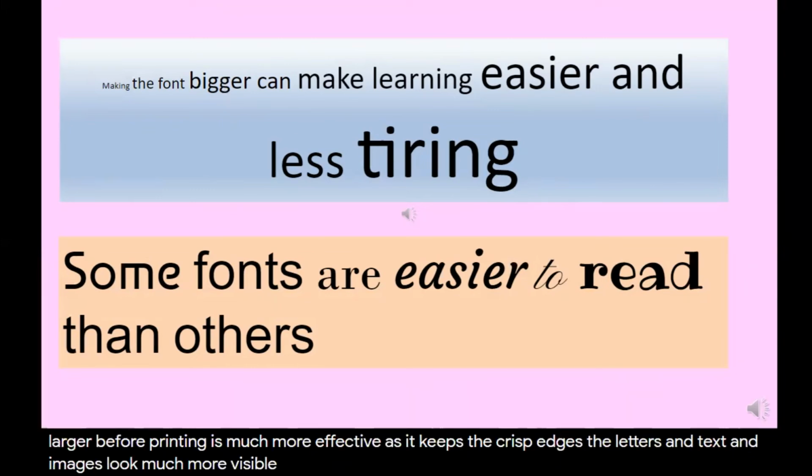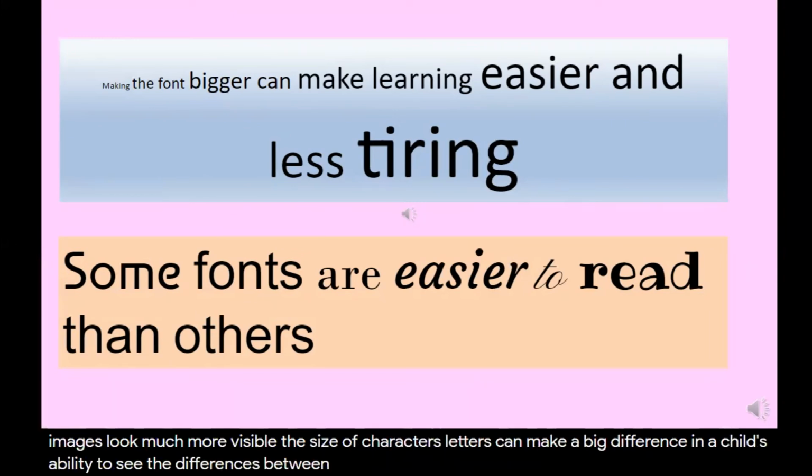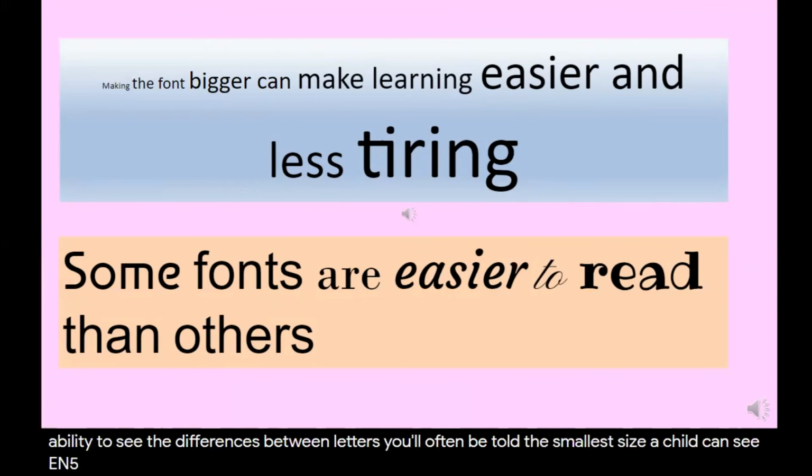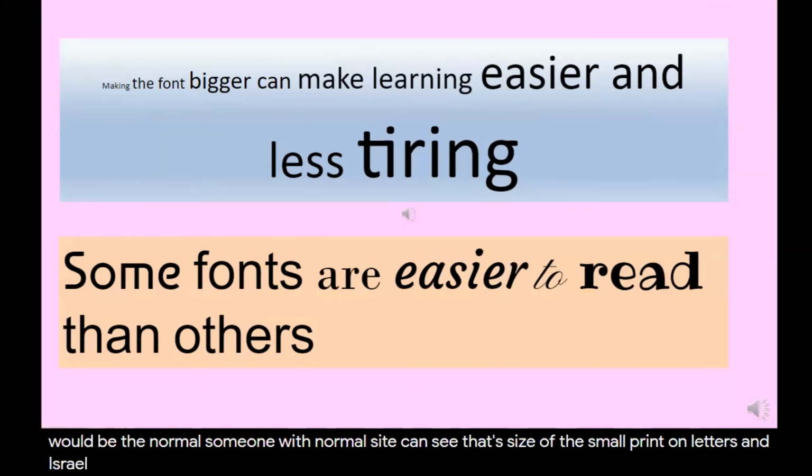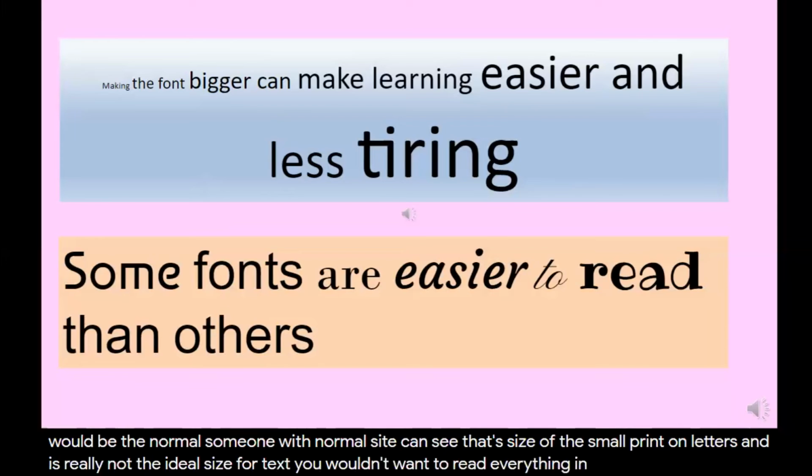Print size. The size and clarity of the letters can make a big difference in the child's ability to see the differences between letters. You'll often be told the smallest size a child can see. N5 would be the size someone with normal sight can see. That's the size of the small print on letters, and it's really not the ideal size for text. You wouldn't want to read everything in small print.